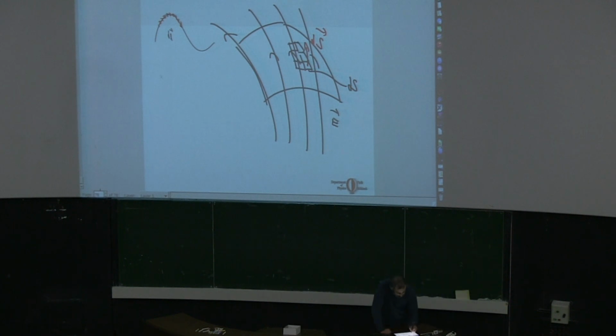And the flux, or the total number of field lines, would be just the number of field lines that passes through each one of these patches over this surface. This is how we define the flux for an arbitrary surface.